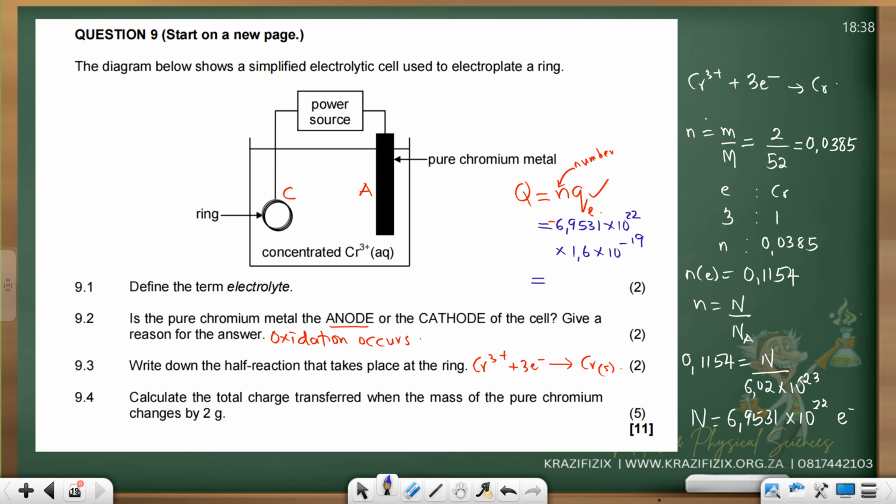What's your answer? 11124.96 coulombs. Guys, please, I hope we are all okay. That is how we do our stoichiometry.